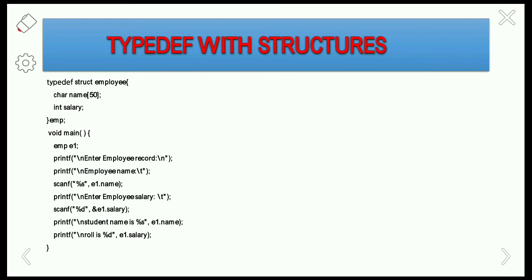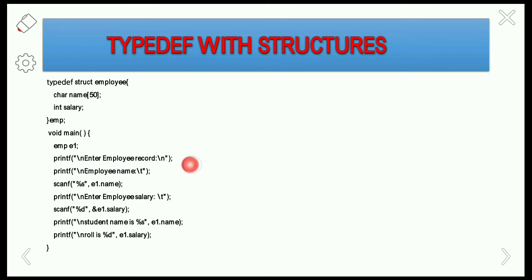Here employee, we are taking as the duplicate name for the employee; for the employee we are taking emp as a duplicate name. So this is the original name and duplicate name. Instead of using the original name, which is very lengthy, we're using the shortcut form, that is emp. So emp e1, we're using the object to access the members in the structure.